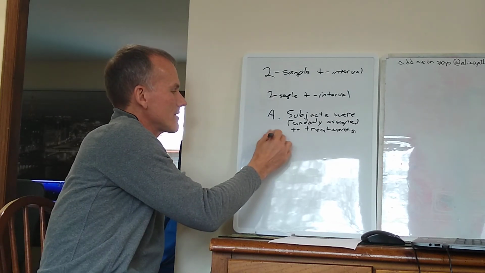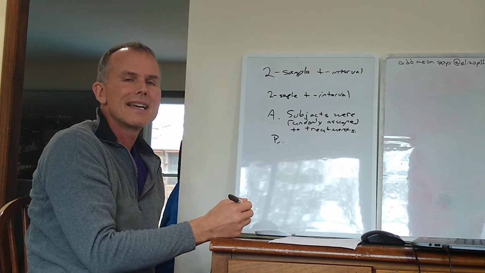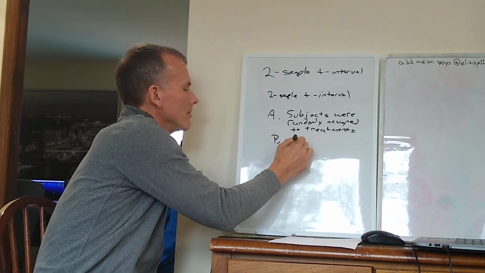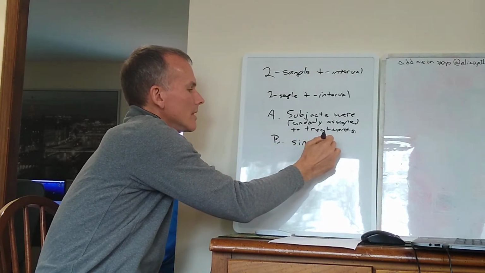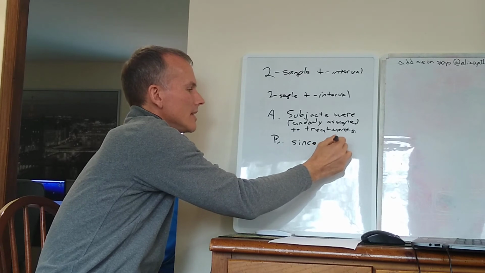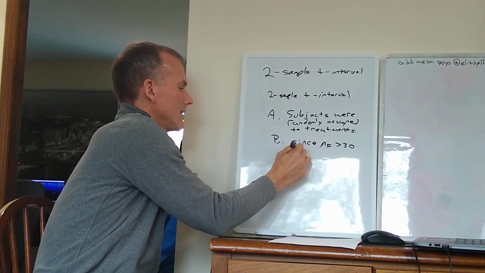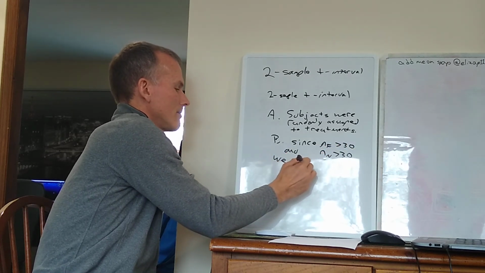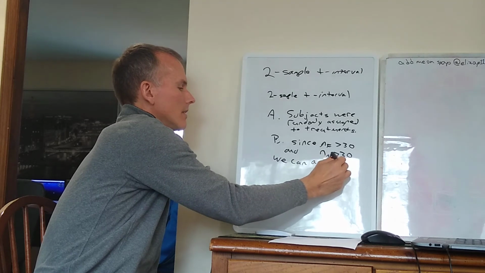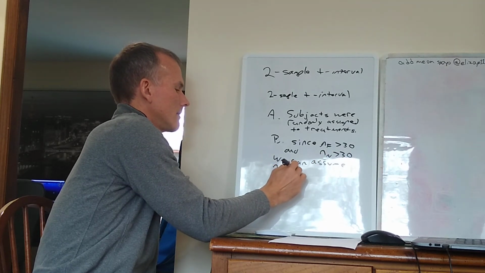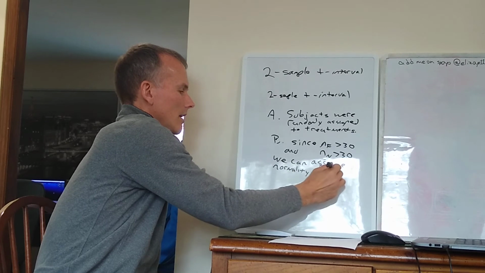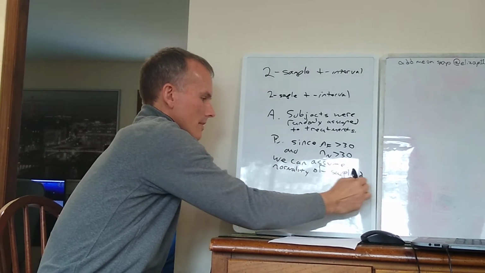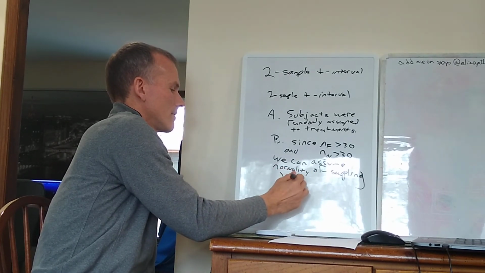And then the second assumption has to do with normality of the sampling distributions. And since we were lucky enough to have large sample sizes, yet again, I'm going to write since N sub F is greater than 30, and N sub N is greater than 30, we can assume normality of sampling distributions.